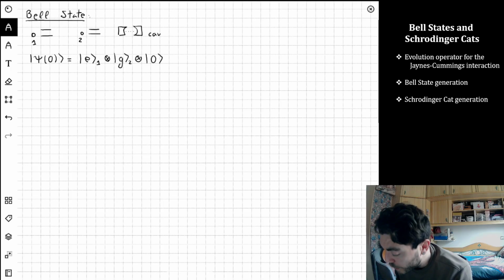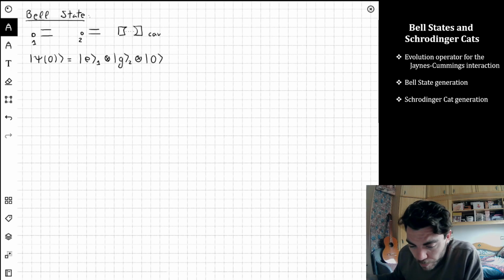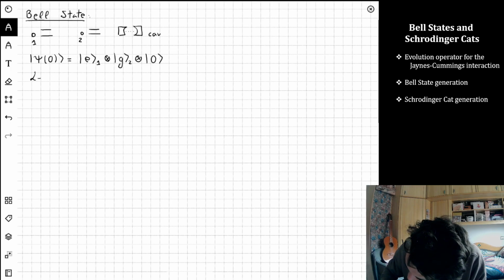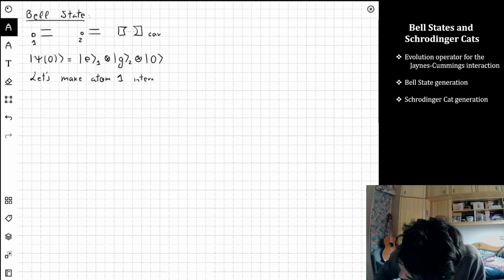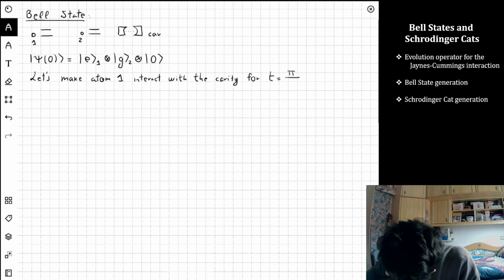So there is nothing in the cavity, and the first atom is the one having an excitation. Okay, and now what we do is make atom 1 interact with the cavity for a certain time, and the time is going to be pi divided by 2 omega 0.